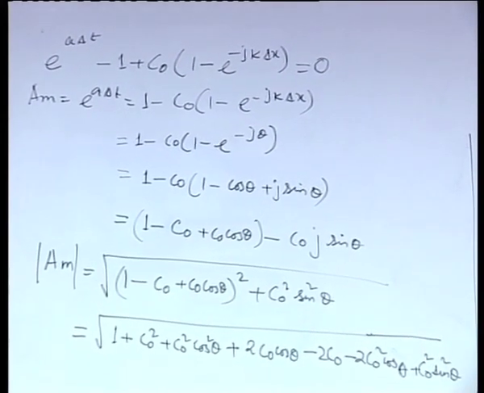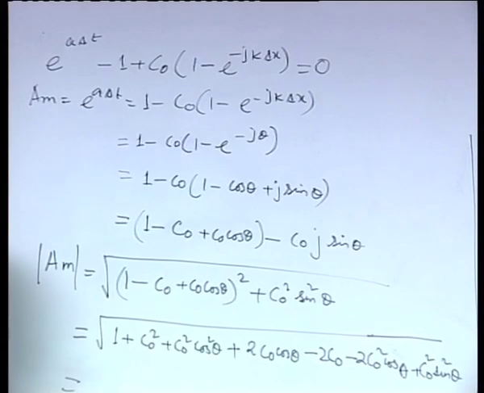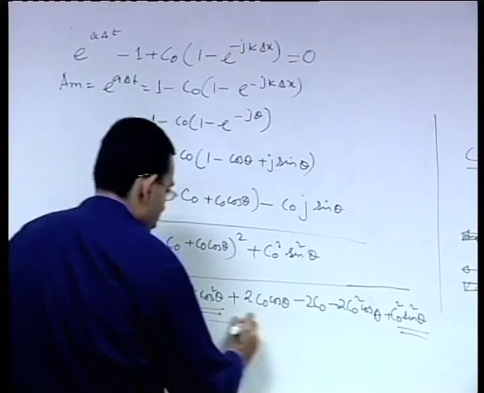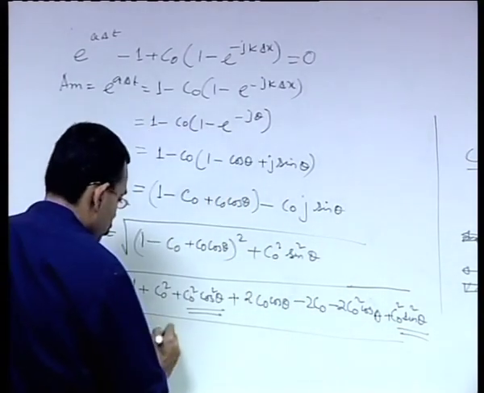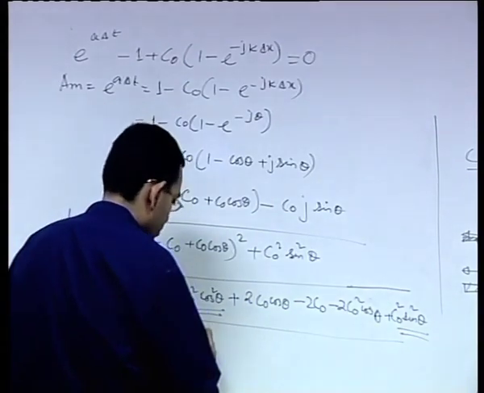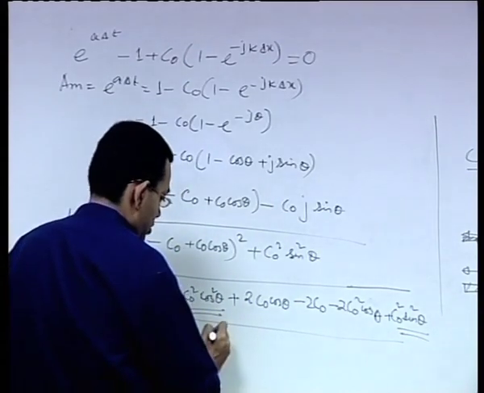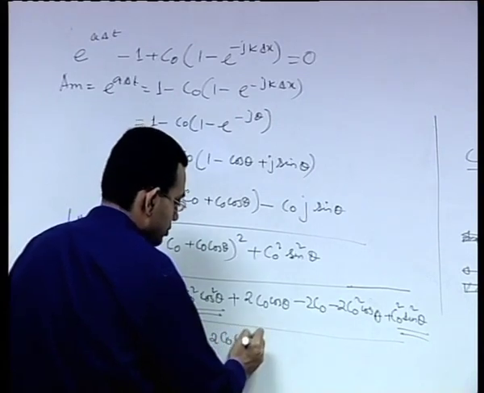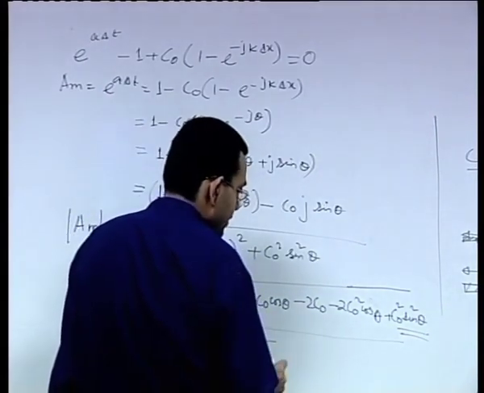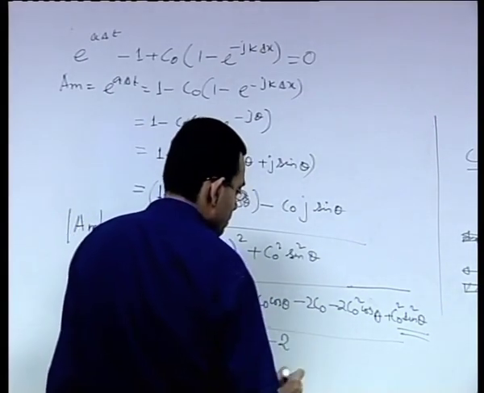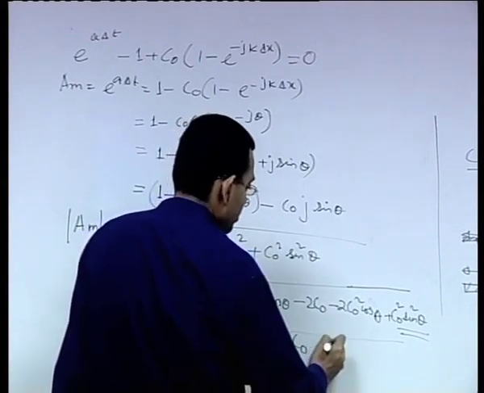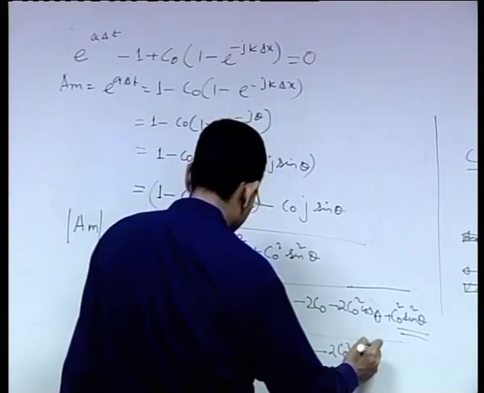Okay. So, we can take the cos square theta plus sin square theta term. So, it will become 1 plus 2 C naught square plus 2 C naught cos theta minus 2 C naught minus 2 C naught square cos theta.